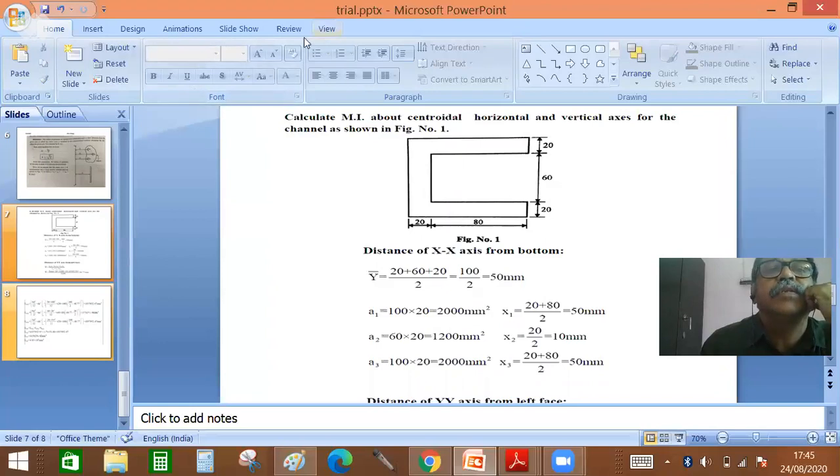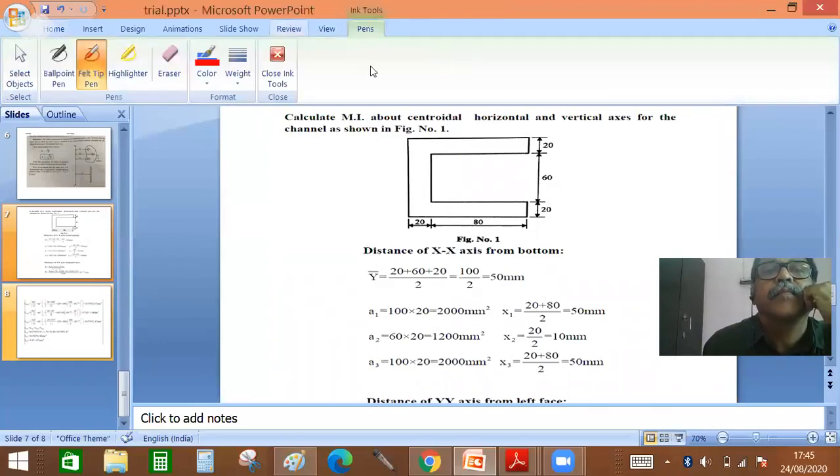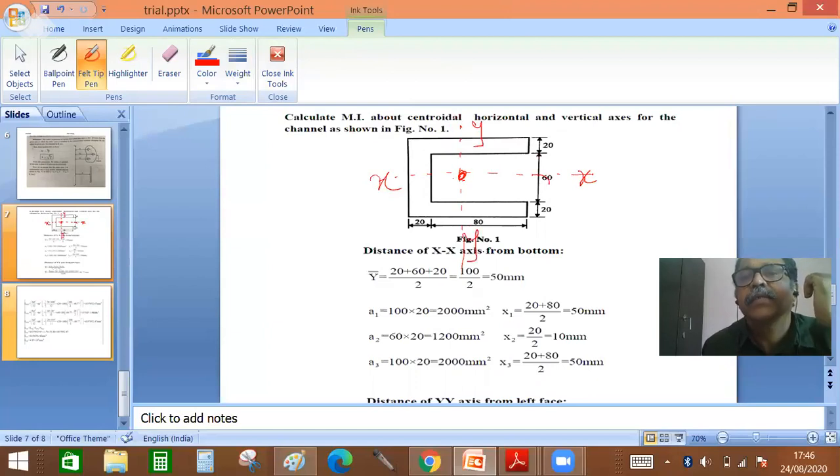That is nothing but what I just told you. It is the moment of inertia about this horizontal axis, the x axis, and here it is the y axis. Here is the centroid. So we have to calculate Ix and Iyy, where here is the x axis and here is the y axis. For this Ix and Iyy, you have to calculate the moment of inertia of this given shape, that is the channel.